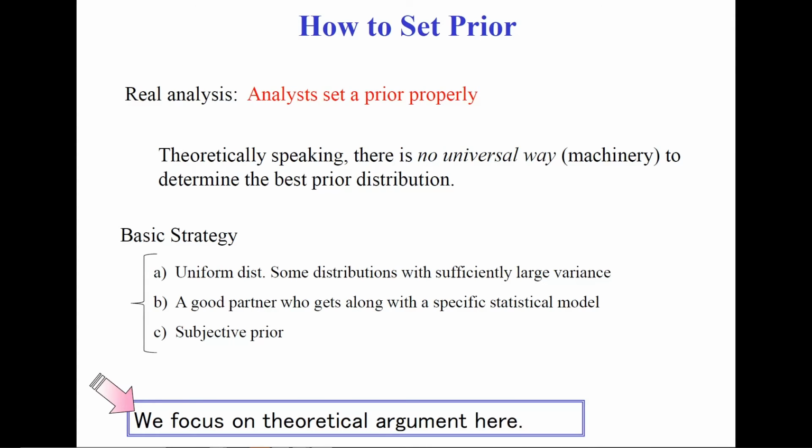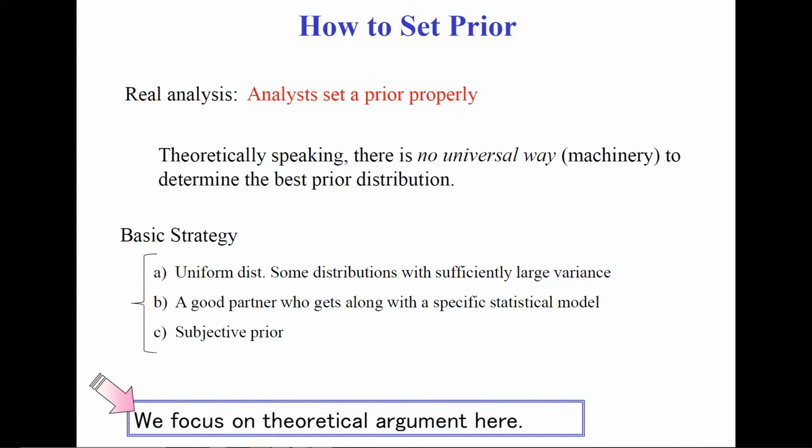In Bayesian data analysis, we have to set a prior anyway. And here we consider how to set a prior distribution. First of all, theoretically, there is no universal way or no machinery to determine the best prior distribution.